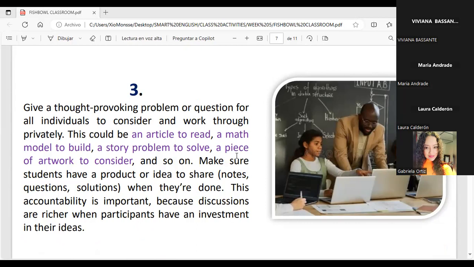This could be an article to read, a math model to build, a story problem to solve, a piece of artwork to consider, and so on. Make sure the students have a product or idea to share: notes, questions, and solutions. When they're done, this accountability is important because discussions are richer when participants have an investment in their ideas.